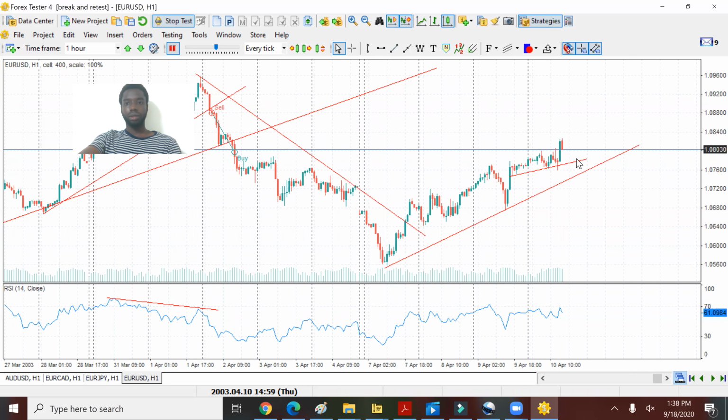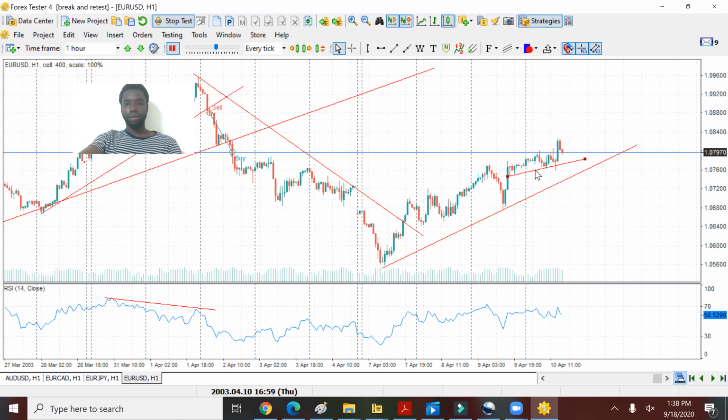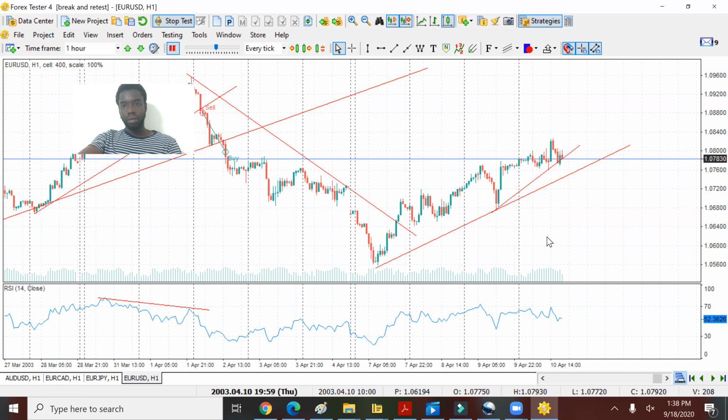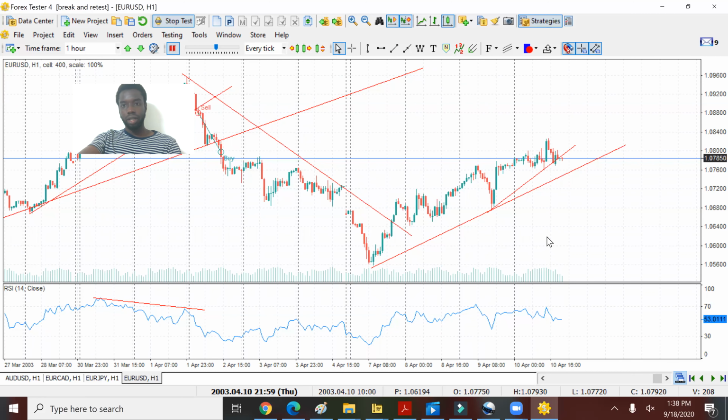No. Wait, I think you can see there's a better trend line. Can everyone see this? There's this trend line. I'm connecting the wicks, and let's see if there's a break. There's some divergence here, so there's a chance of a break. There is a break of a trend line, definitely.